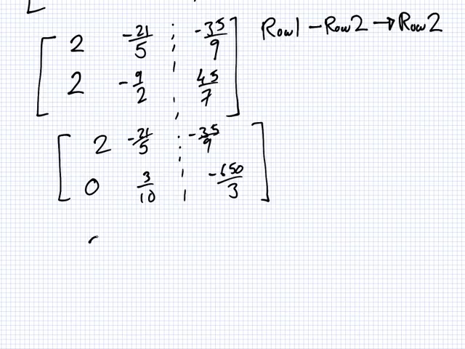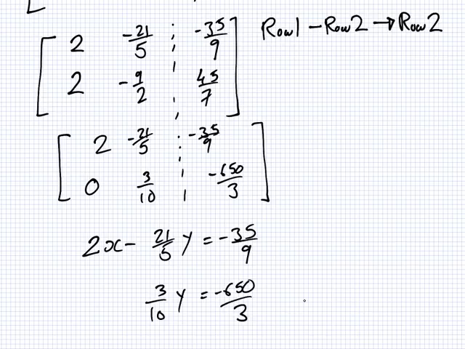So you can now say 2x minus 21 over 5y equals minus 35 over 9, and 3 over 10y equals minus 650 over 3. So this gives me y equals 650 times 10 divided by 3 divided by 3. So it gives me y of minus 65 over 9.